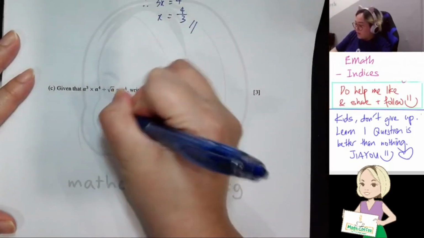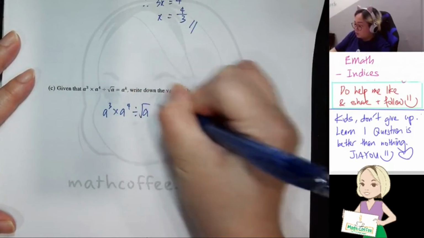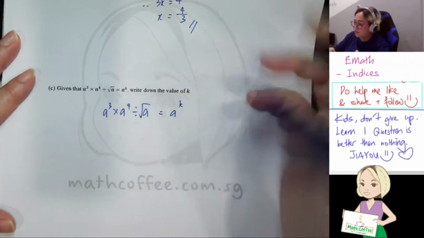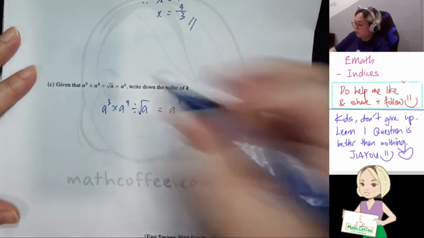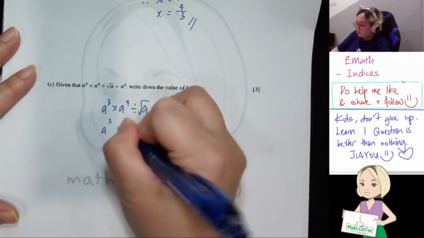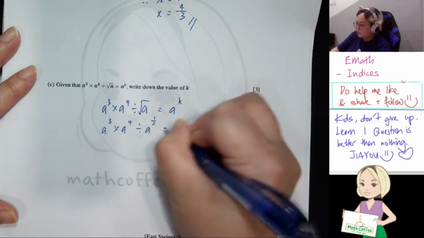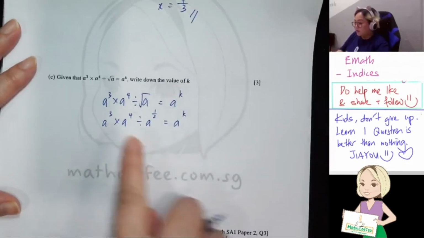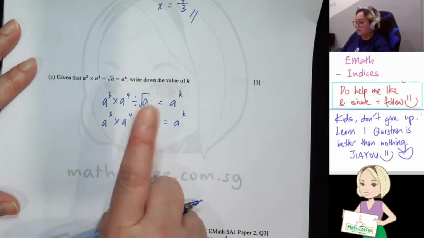So we have a^3 times a^4 divided by the square root of a equals a^k. This one is very straightforward. All you need to know is that a square root is to the power of half. So this is a^3 times a^4 divided by a to the power of half equals a^k. Same base: multiply I just add, divide I just minus.